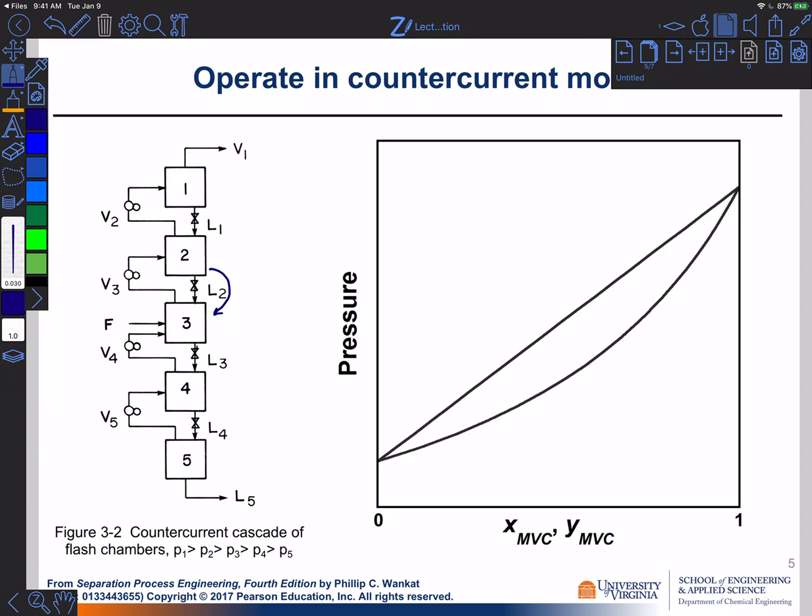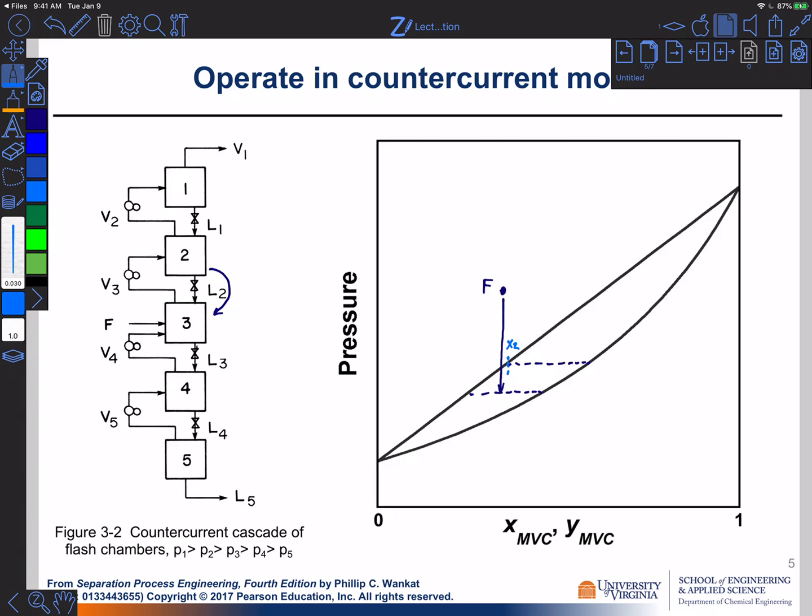And this is based solely off the idea that our feed drops down in pressure, and then this X2 composition is somewhat close to the composition of the feed.